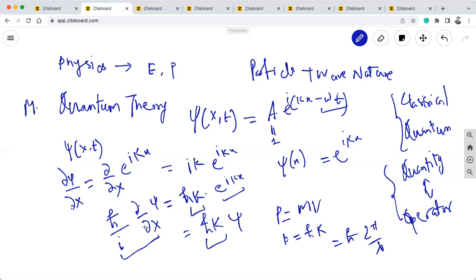This derivative is the operator. So there is an operator notion of your momentum. If it is your equivalent p, then it is some p hat. That means momentum can work as an operator if we use p hat as h bar by i del x.